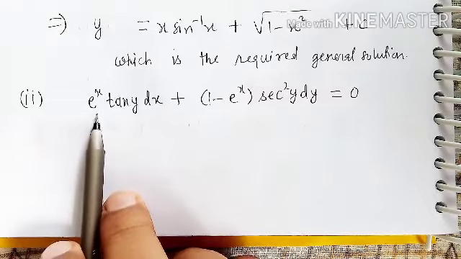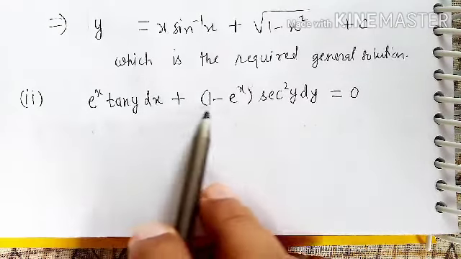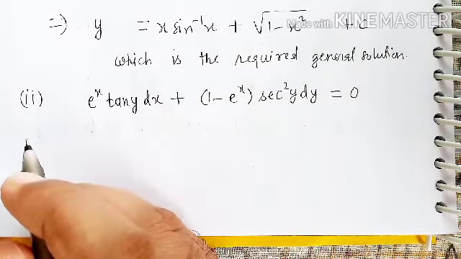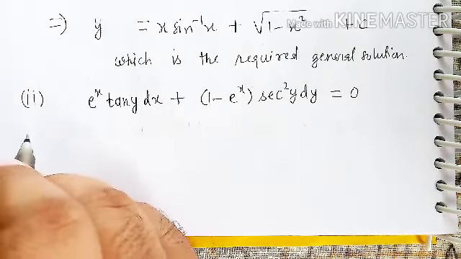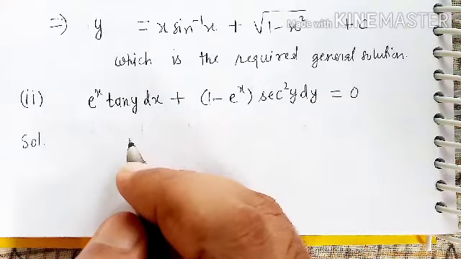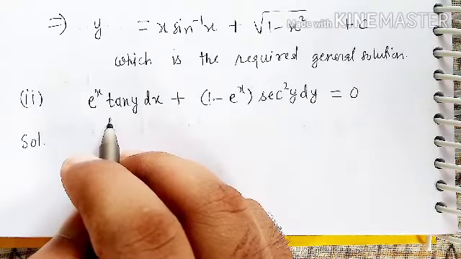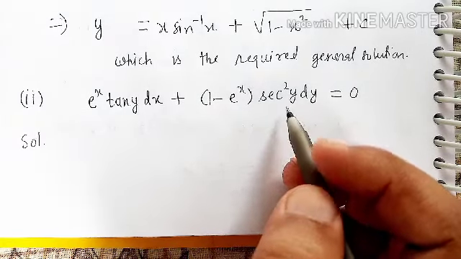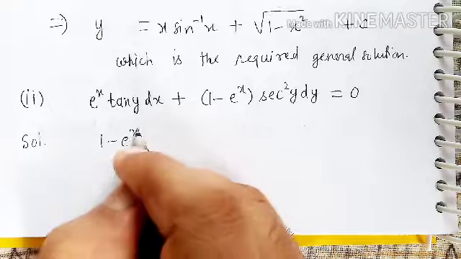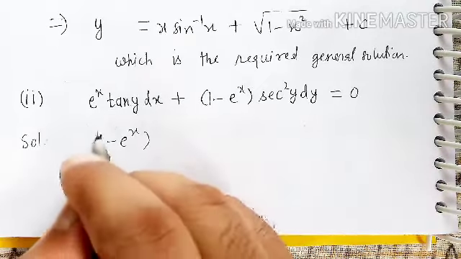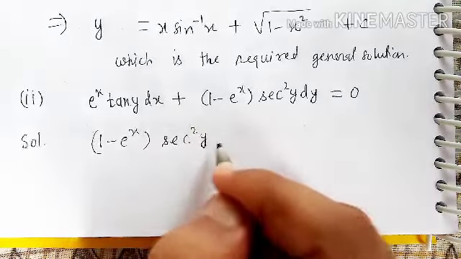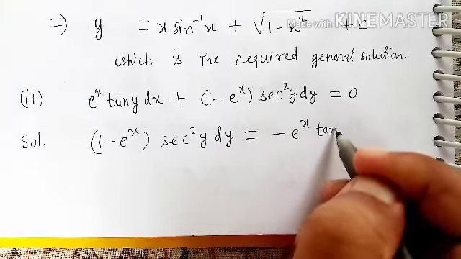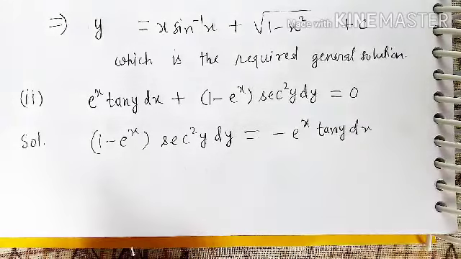Now we have to find the general solution of this differential equation. Firstly, we separate the variables. So we put dy on LHS, so 1 minus e to the power x sec square y dy is equal to minus e to the power x tan y dx.